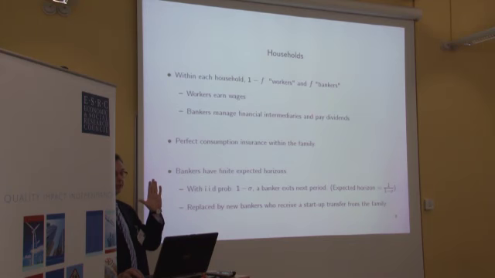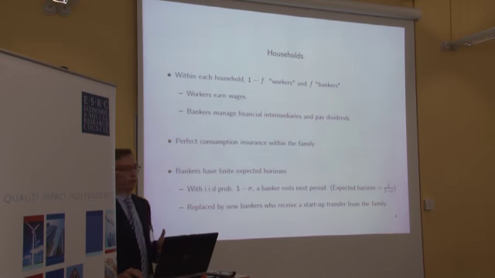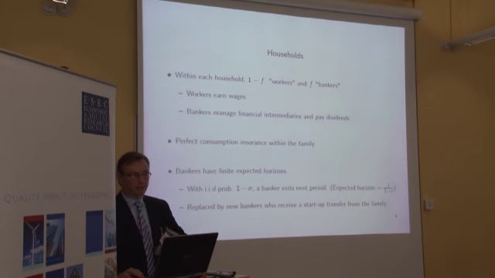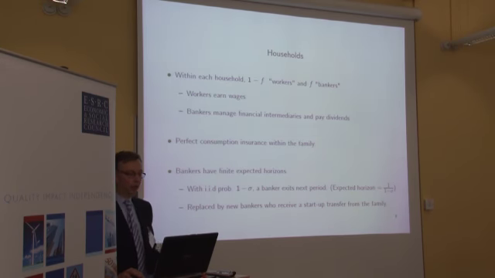Think of each household as consisting of 1 minus F workers and F bankers. The workers earn wages. The bankers go out and manage financial intermediaries and pay dividends. And think of the household as depositing funds in intermediaries that they don't own. So we'll have lending, borrowing, and intermediation.